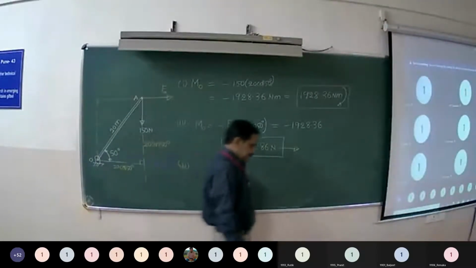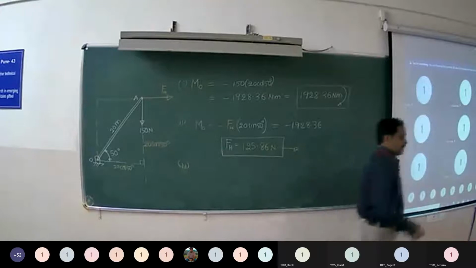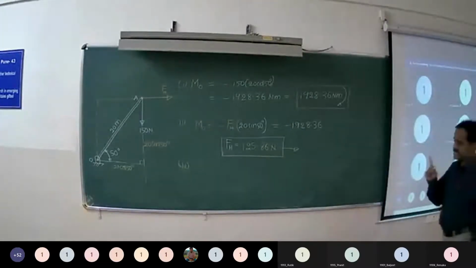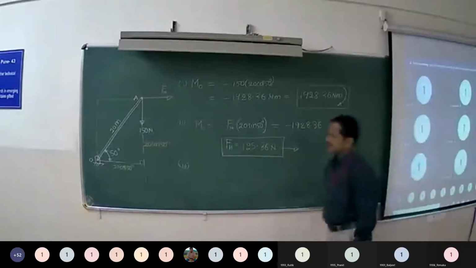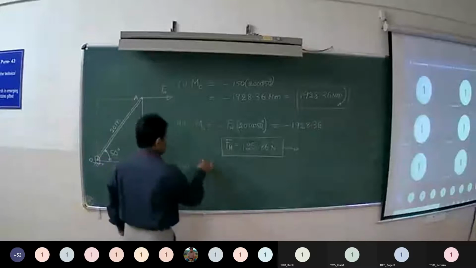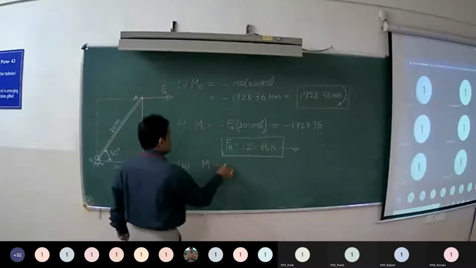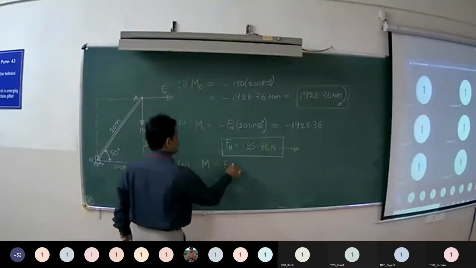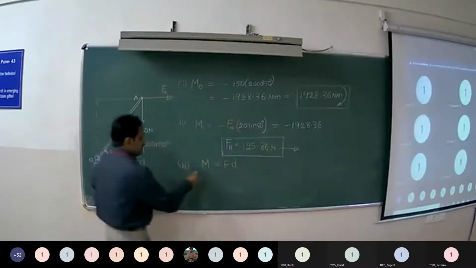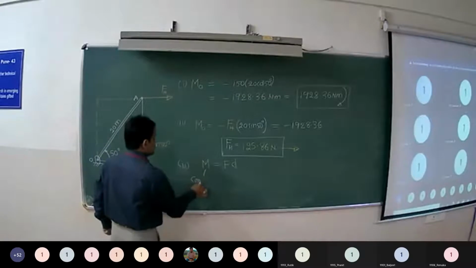Now third part. You have to find out the minimum force at A which creates the same moment about point O. We know that moment of force is equal to force into perpendicular distance. Here, this moment is constant.